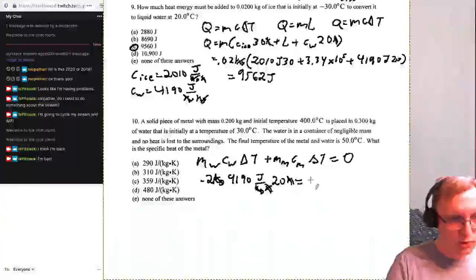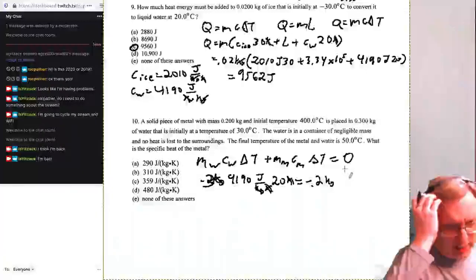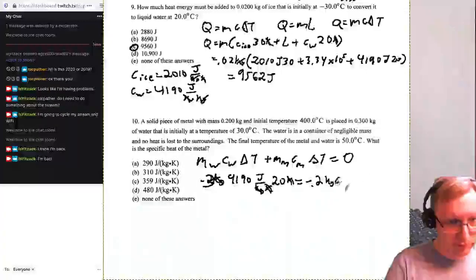Equals minus mass of the metal, 0.2 kilos, times C metal, which is what we are looking for, and its temperature change is minus 350 Kelvin.